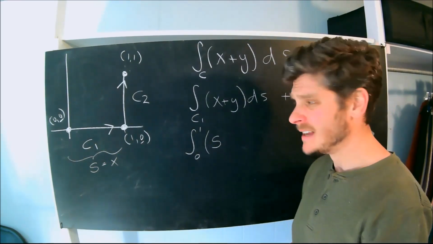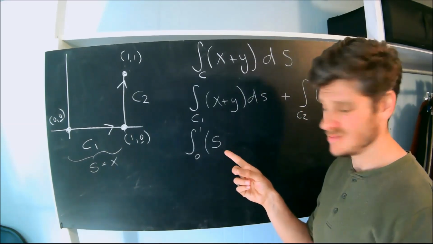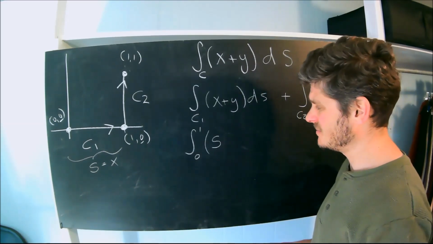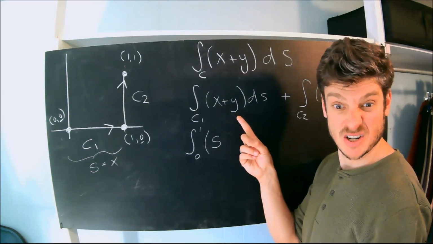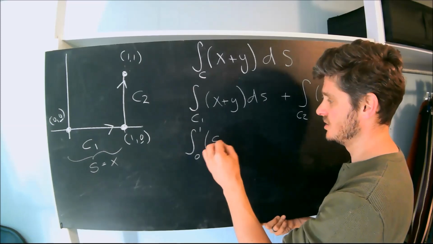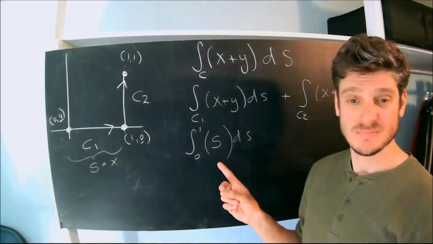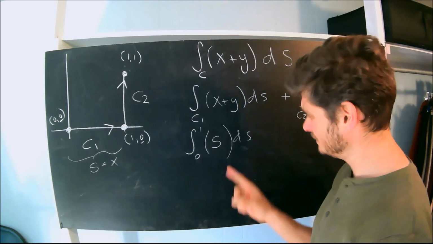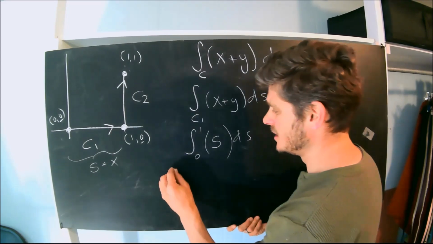So again, if I understand my curve, I can make my substitutions, and that becomes easy. Yeah, y is just 0. Piece of cake. So plus 0, why even do that? So it's s ds. About the simplest integral we're going to do today. Antiderivative of s with respect to s is still 1/2 s squared.